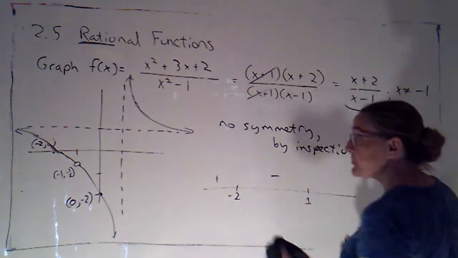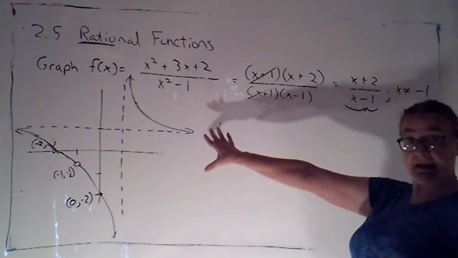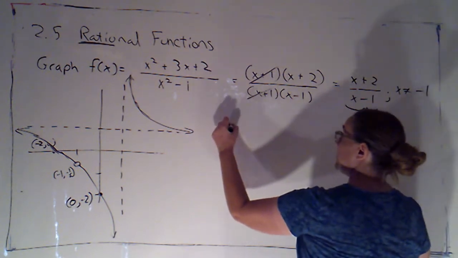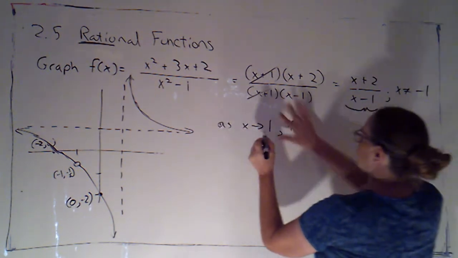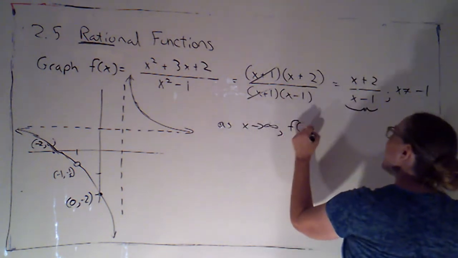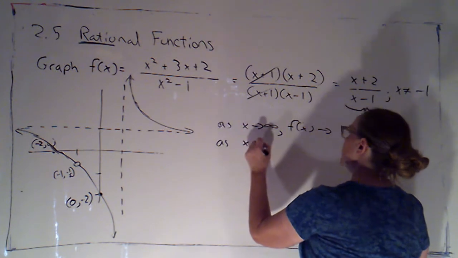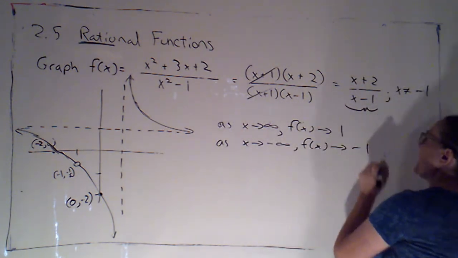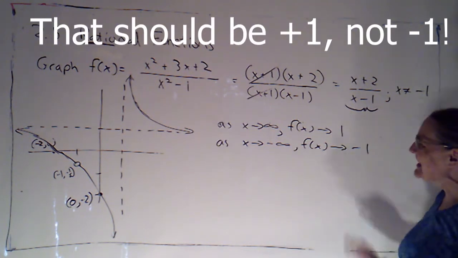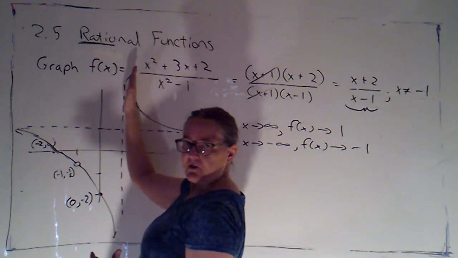Now, we've talked previously about using arrow notation to indicate the end behavior. So we were able to say as x goes to infinity, f of x goes to 1. And as x goes to -infinity, f of x goes to -1. I'd like to have a similar notation for the vertical asymptote.